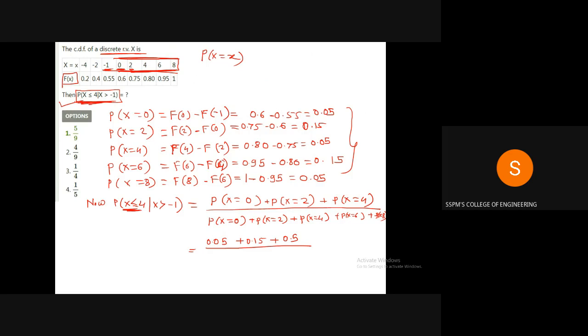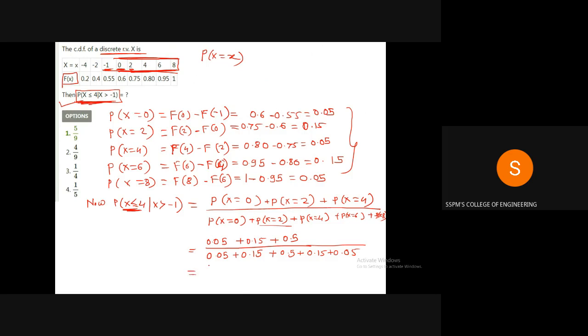So again, the probability for x equal to 0 is 0.05, plus for x equal to 2 it is 0.15, plus for x equal to 4 it is 0.05, plus 0.15 plus 0.05.